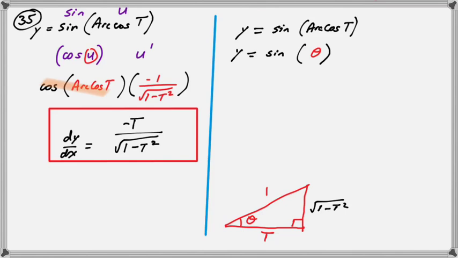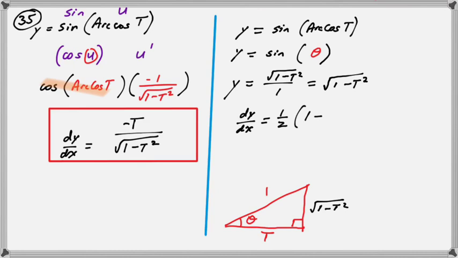Now I want the sine of this. So what is the sine of this? Is the sine opposite over hypotenuse? So is this another way of writing y? Now let's take its derivative. The square root is a 1/2 power times the base to the 1 less power times the derivative of the base.